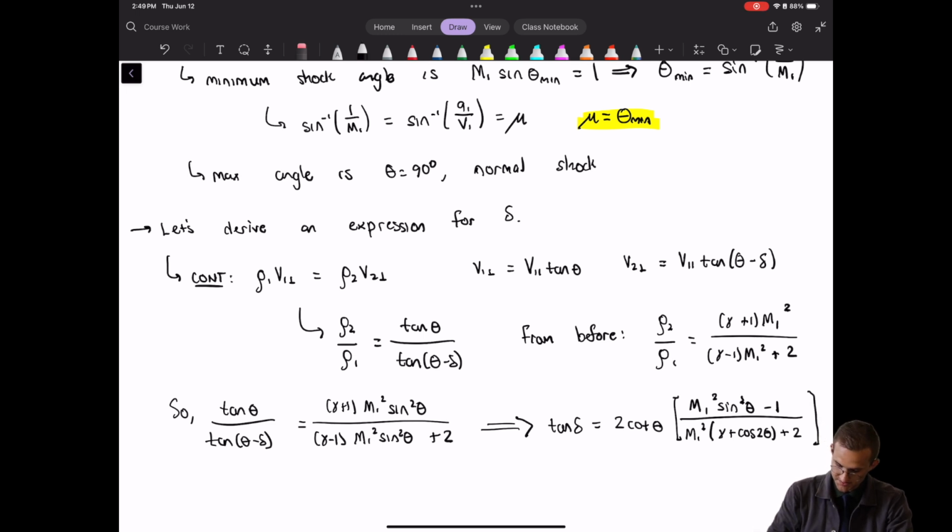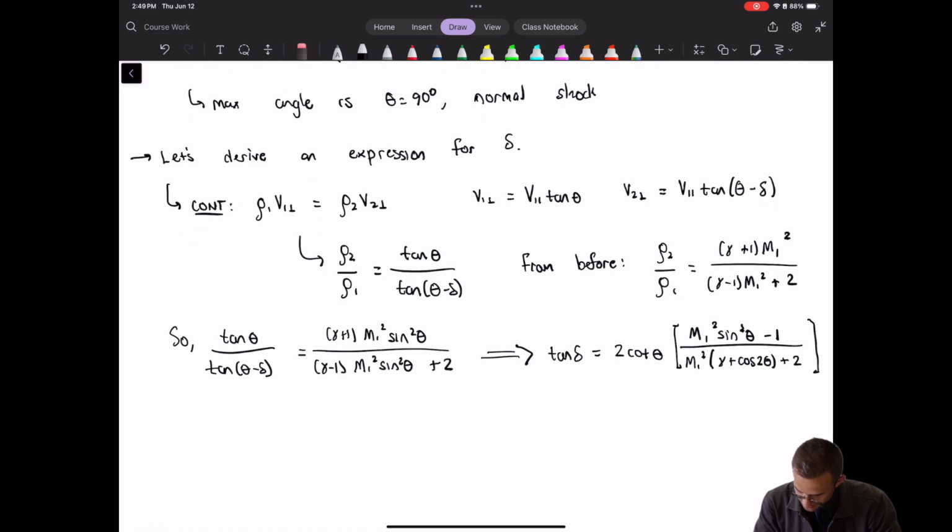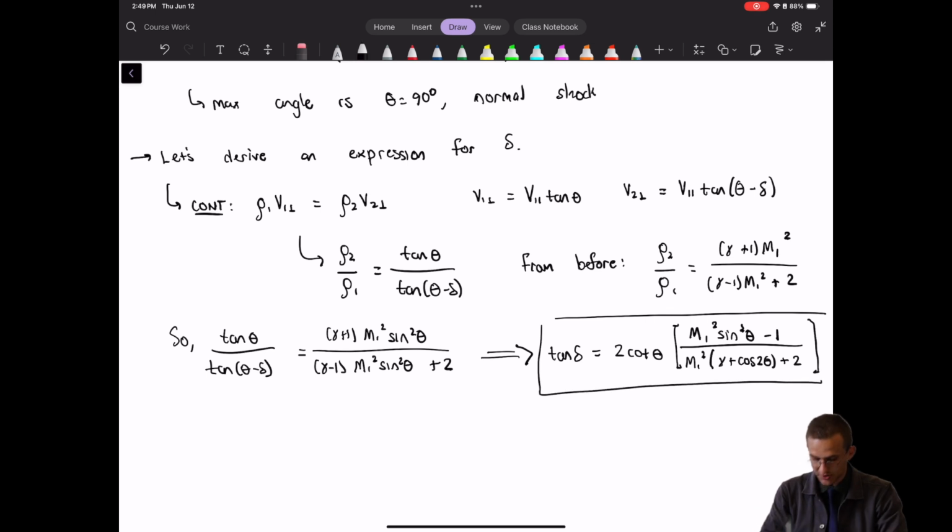Okay, so this is an important relationship. It's showing you that the deflection angle delta is a function of the incoming overall Mach number m1 and the shock angle.